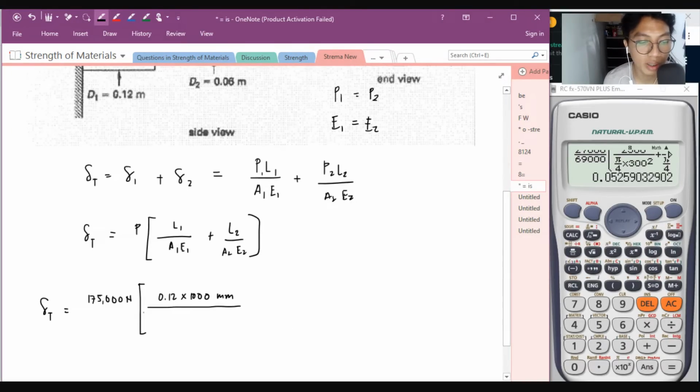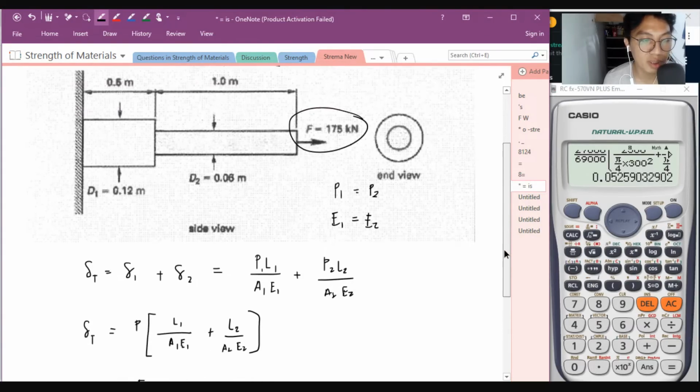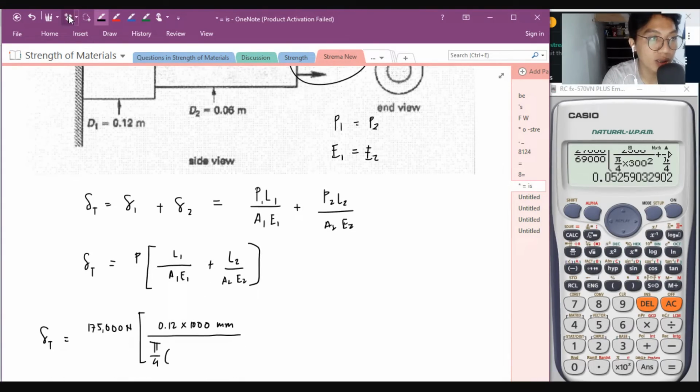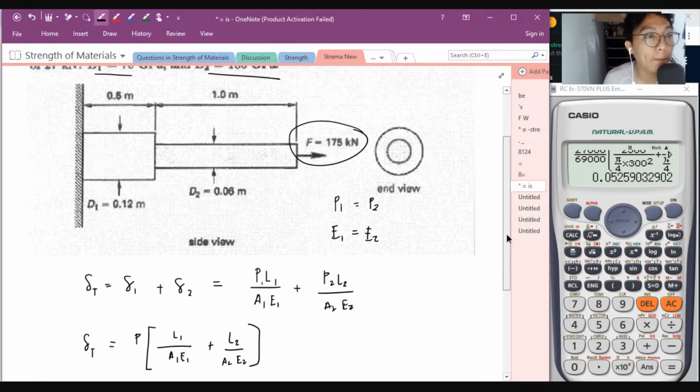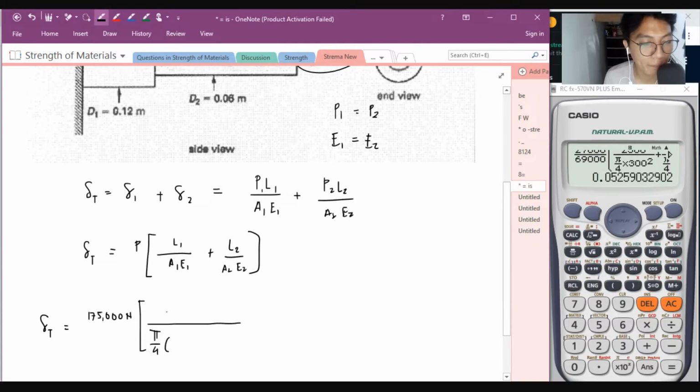Okay na yan. Area 1, pi over 4. Yung diameter niya, anong binigay dyan? Ay, diameter pala yun. 0.5 pala ito. Mali. Pwede na to. Yung length is 0.5, times 1,000 millimeter.